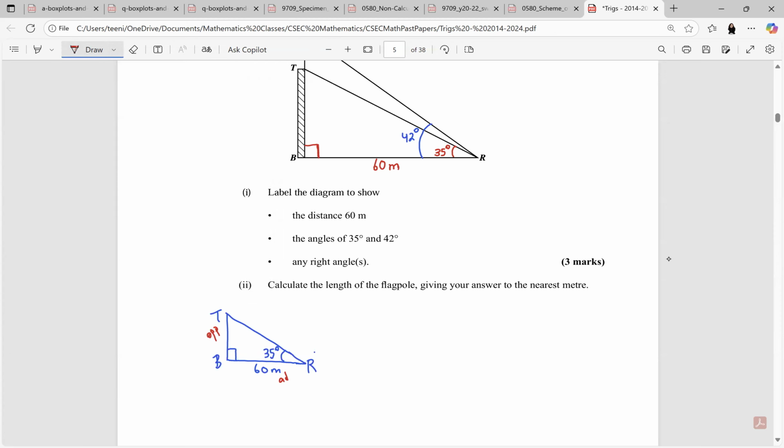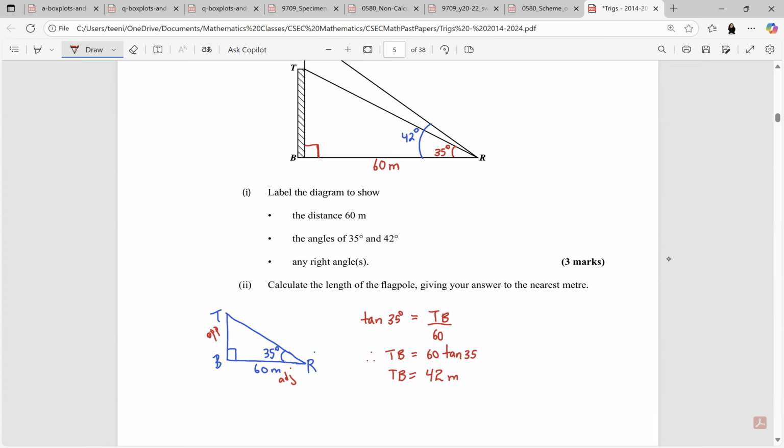So like Aaron rightfully said, good job, Aaron, we'll use tan. So tan of 35 degrees is equal to the opposite side, TB, over the adjacent side, 60 meters. Therefore, TB is equal to 60 tan 35, which is 42 meters.